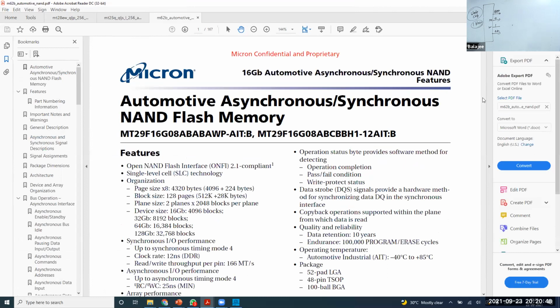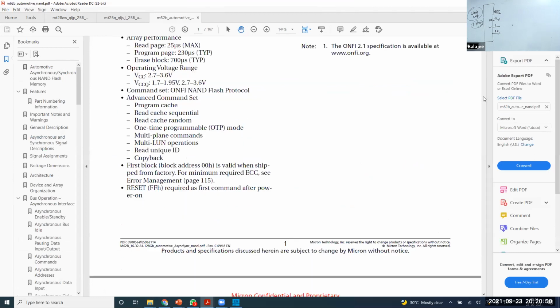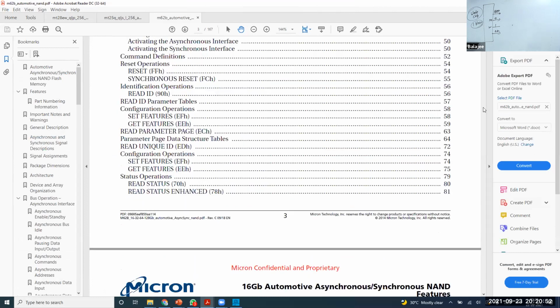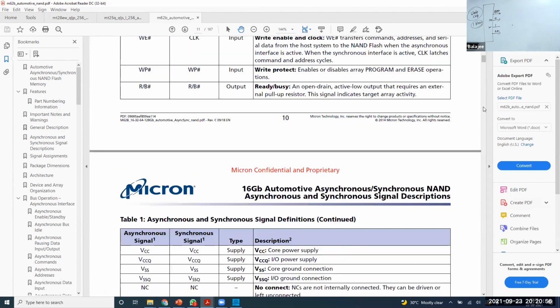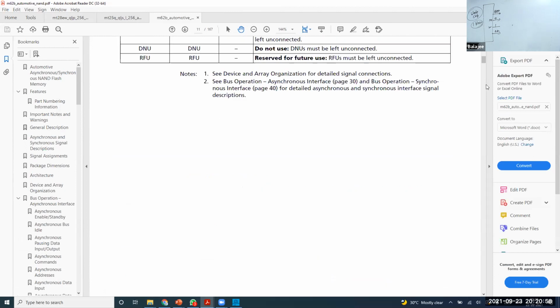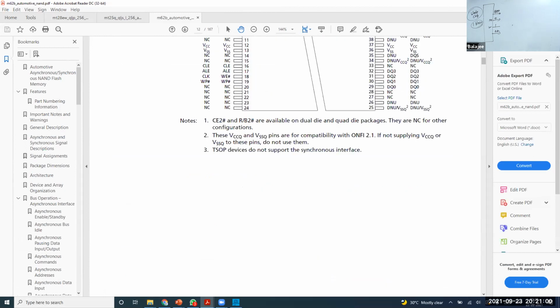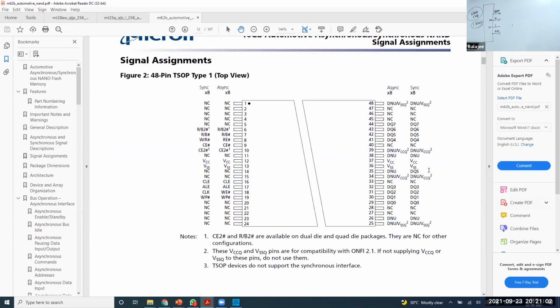Okay. NAND flash. You see that the only difference between NOR and NAND is very simple. It's a big one, not a small one. The chip does not have address lines. There is no address line. How can you have a memory without an address line? That is called NAND flash. Your data is there, DQ and all, but address is not there.